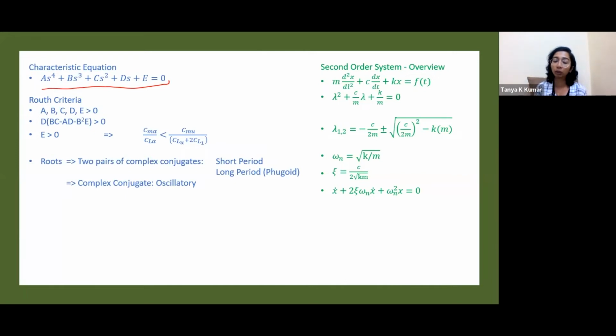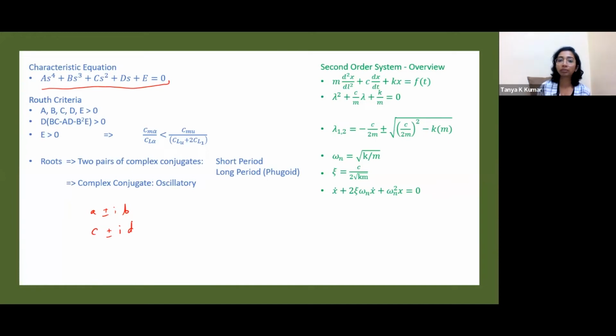What tells you whether it goes to equilibrium or not? So you have two pairs of roots, a plus or minus ib and c plus or minus id. So what term in these two roots tells you whether it goes to equilibrium or not? Can someone tell me? Because we have this complex conjugate, we know that it is oscillatory in nature.